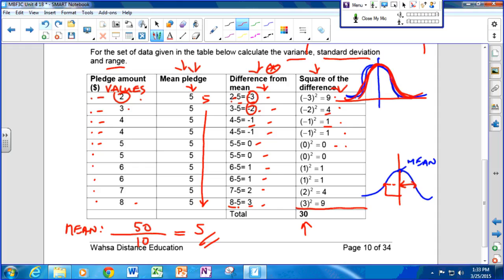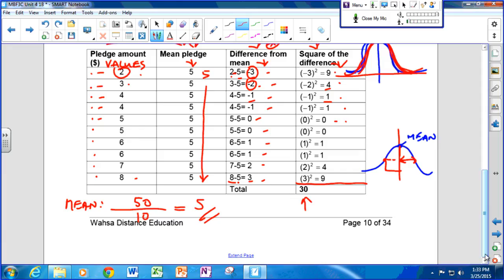And now we're ready to calculate the variance. The variance is called s squared. That's the symbol for it, because, for example, the mean we call x with a bar over it.